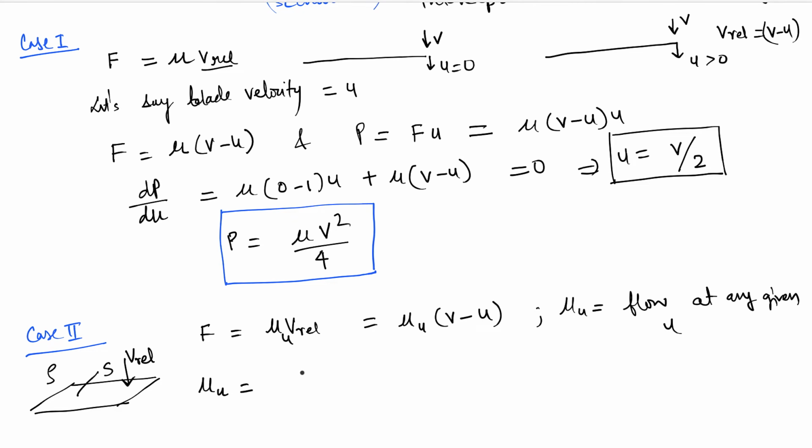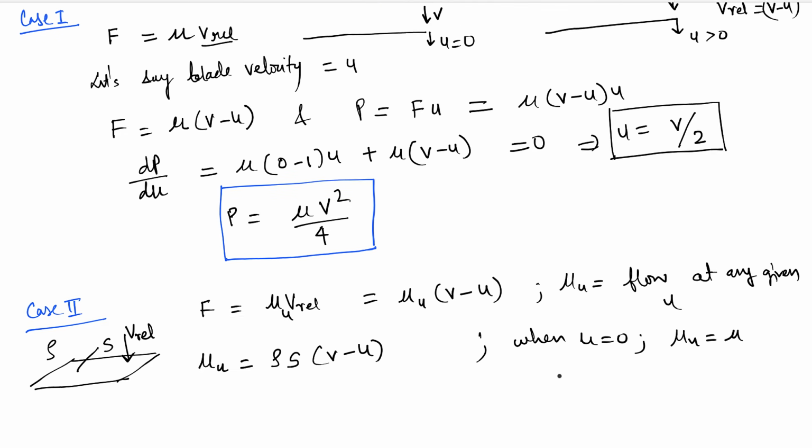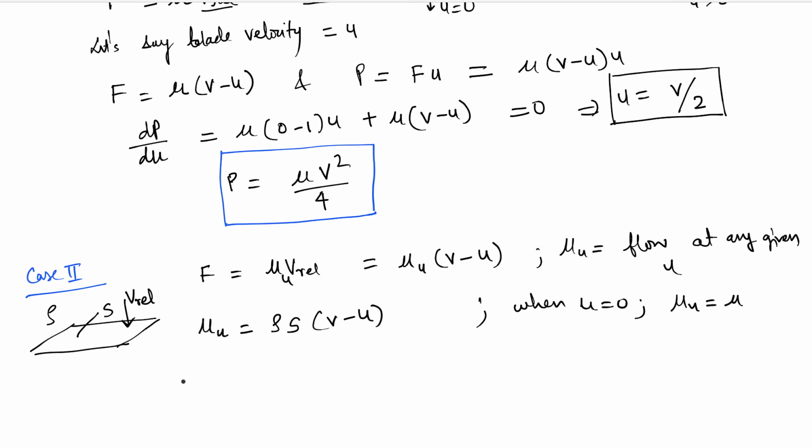So then mu u will simply become rho S (v minus u), okay, and when u is 0, then we get mu u as rho S v, which is the initial mu. So when u is 0, then mu u is simply mu, which is given. Okay. So then the F becomes rho S (v minus u) square.